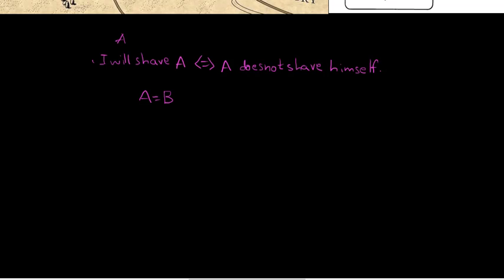So the barber cannot shave himself, and if he cannot shave himself, then once again his signboard says that the barber will shave himself, and that again is a contradiction. So we do have a paradox in here.